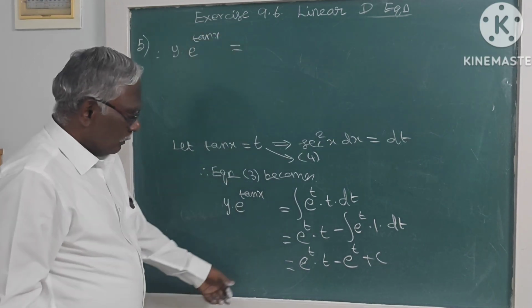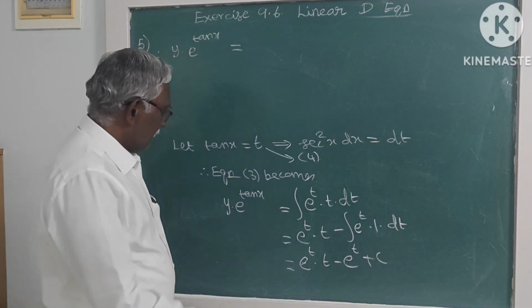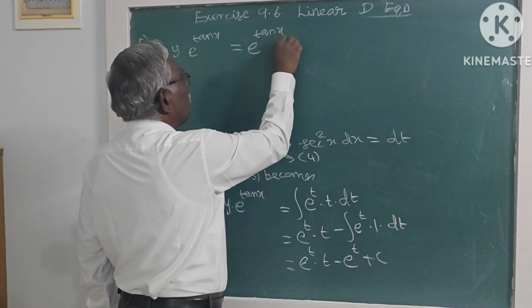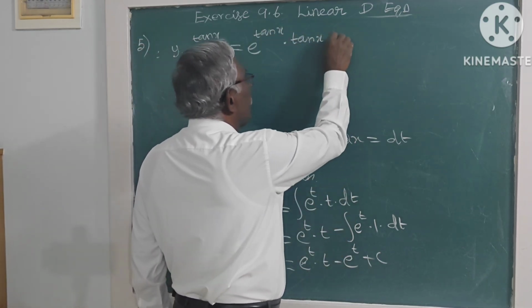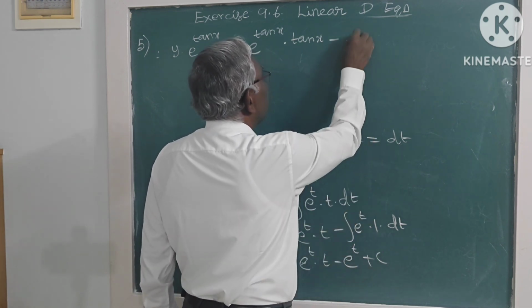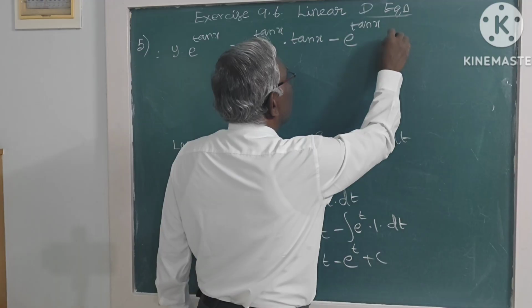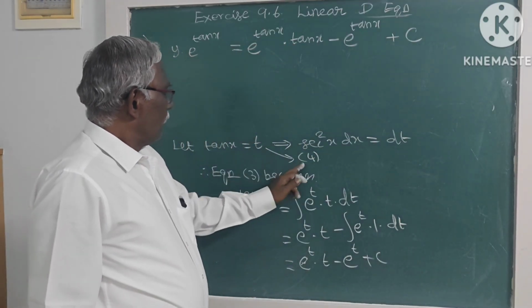So y into e power tan x is equal to e power tan x into tan x minus e power tan x plus constant, from 4.